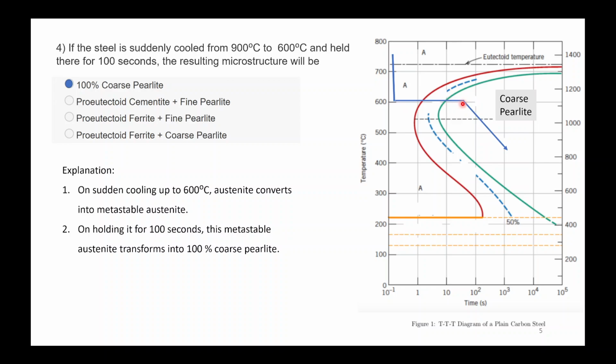So there will be 100% coarse perlite formation. For these steps, initially when you're suddenly cooling up to 600 degrees Celsius, your austenite here is stable, and below eutectoid temperature it is metastable. So on holding it for 100 seconds, this metastable austenite will transform into 100% coarse perlite.